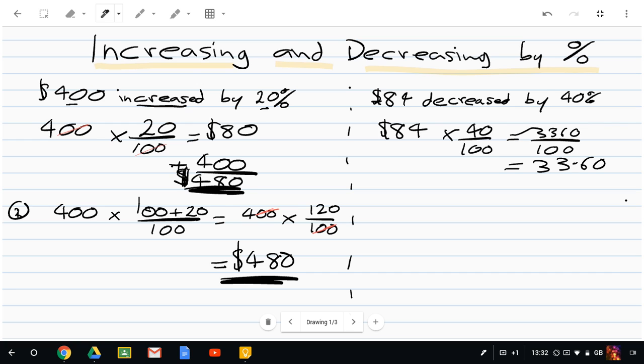Now, if we're decreasing, we need to take the original $84 and we need to subtract $33.60.